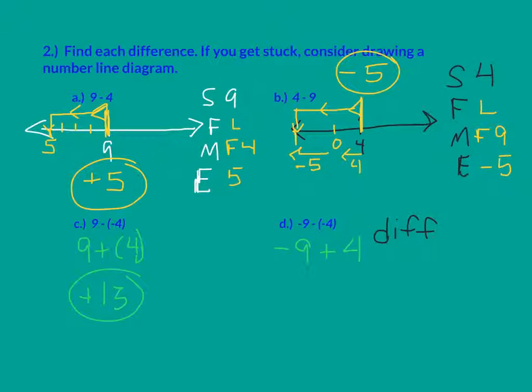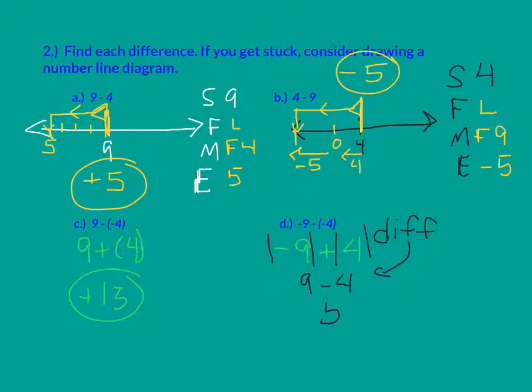What I'm going to be finding the difference of, however, is the absolute values of both of these numbers. The absolute value of -9, in other words, how far away from 0, would be 9. And the absolute value of positive 4 is 4. Again, how far is it from 0? That's what absolute value means. Finding the difference, so I can do 9 minus 4.